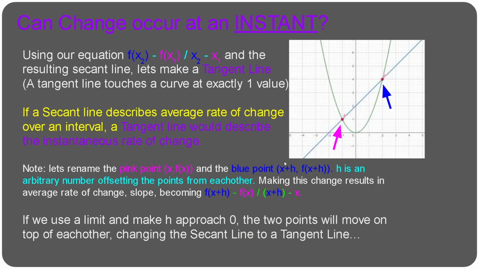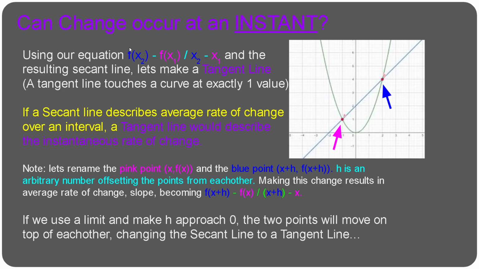And as we've gone over, what we can do is we can turn that secant line into a tangent line, which describes instantaneous change. So we're going to rename our points. Instead of this first point being x, f of x, it's actually going to stay x, f of x.